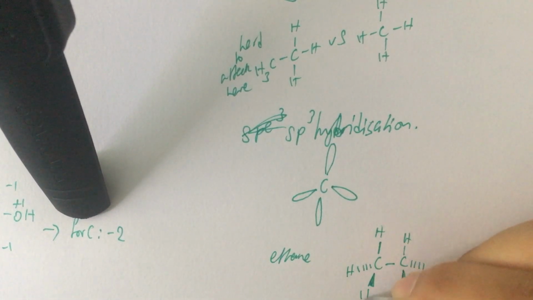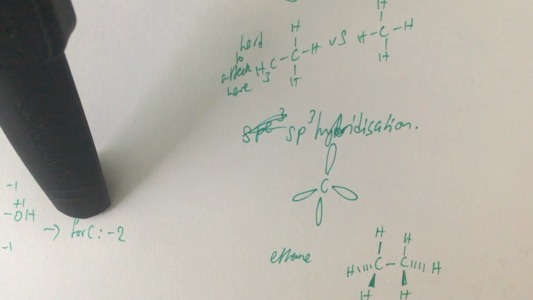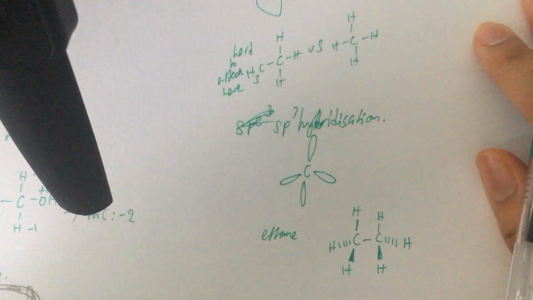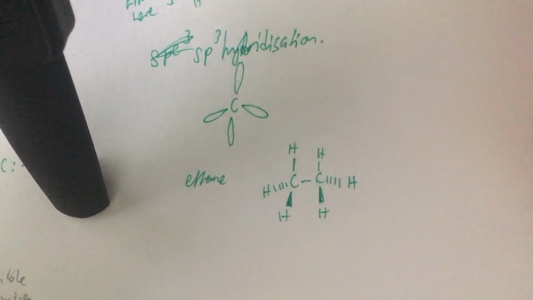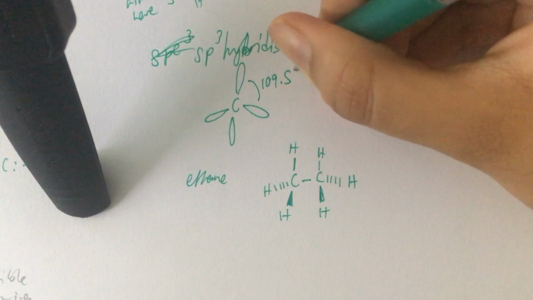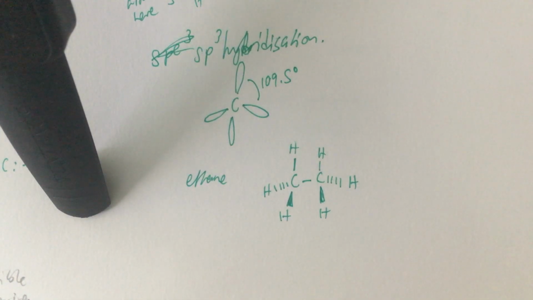And this will give that tetrahedral kind of shape in a sense. The steric shape will be somewhat tetrahedral. So ethane molecule will have a tetrahedral orientation around it, and the angles will be 109.5 degrees.